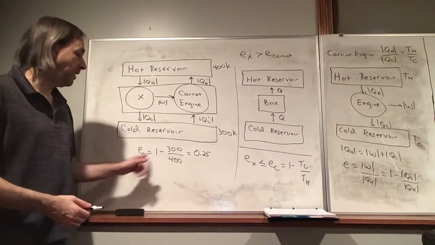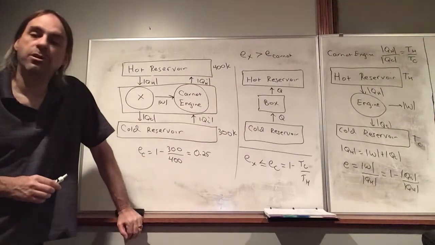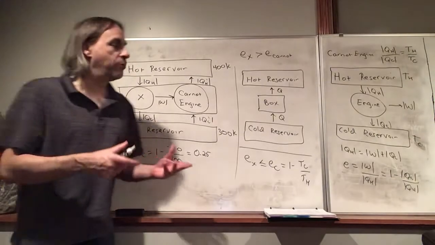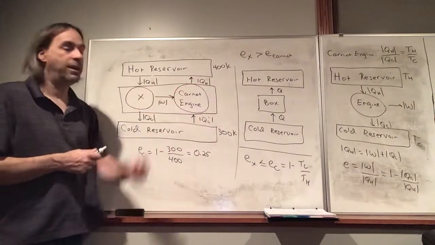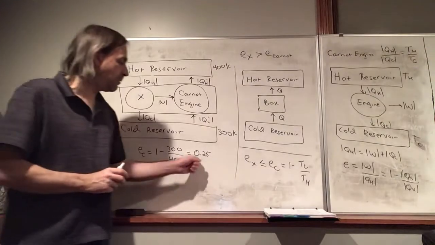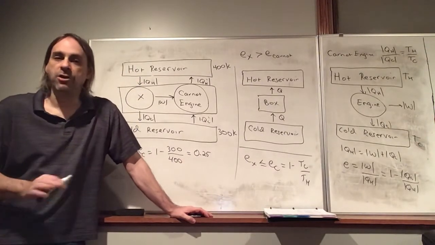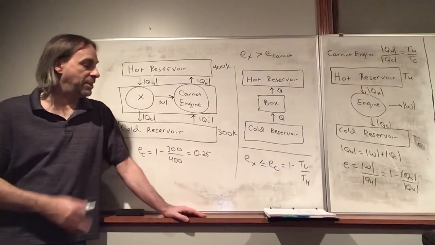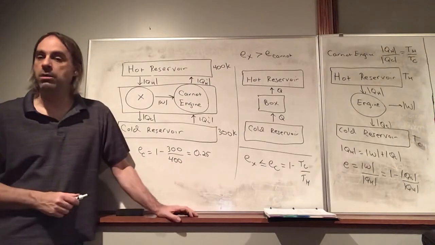So the efficiency of a Carnot engine operating between these temperatures is 0.25. So if you want to build a geothermal engine that would take advantage of that source of heat underground, the maximum possible efficiency you could hope for is 25%. You can never do better than that, no matter how much you pay your engineers. This is just the fundamental limit. To go beyond this would violate the second law of thermodynamics.